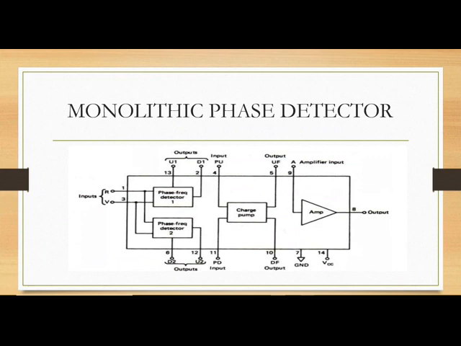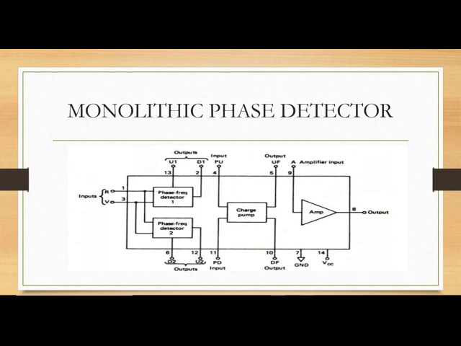In a monolithic phase detector such as a CMOS type 4044 IC, the harmonic sensitivity and duty cycle problems are absent, like the ones you had in the XOR and edge triggered phase detector. So this circuit responds only to transitions in the input signal.